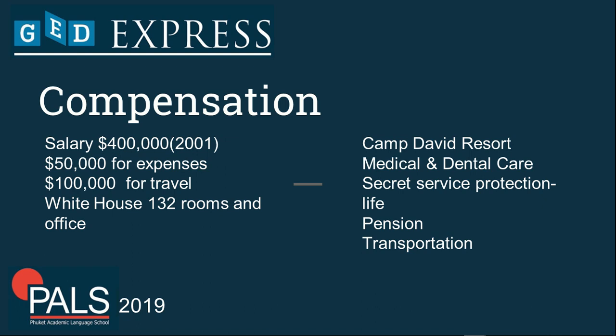We have the White House, 132 rooms, and the office. Camp David resort, medical and dental care are also covered. Secret Service protection, life pension, and transportation, and so on and so forth. So both the vice president and the president have compensation or benefits.